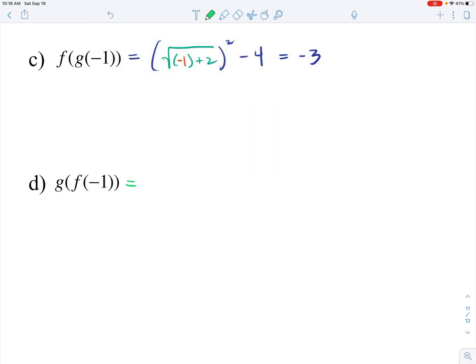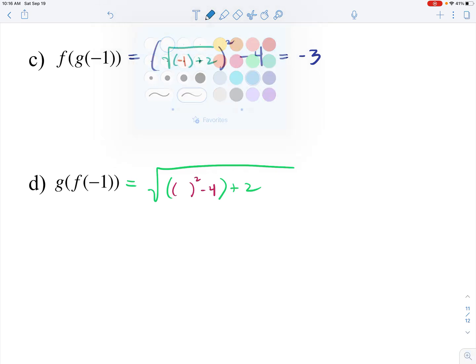And then g composed with f evaluated at negative 1. So g is the outside function. f is the inside function. And then if I plug negative 1 in for x, okay, negative 1 squared is 1.